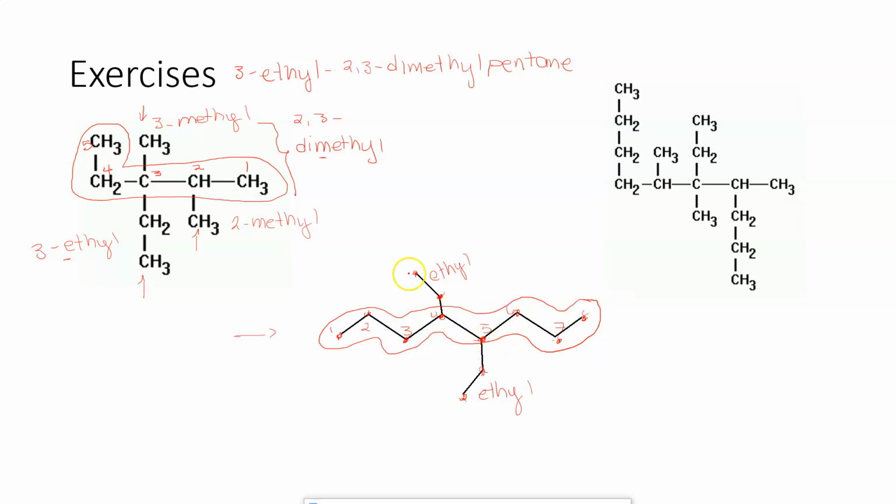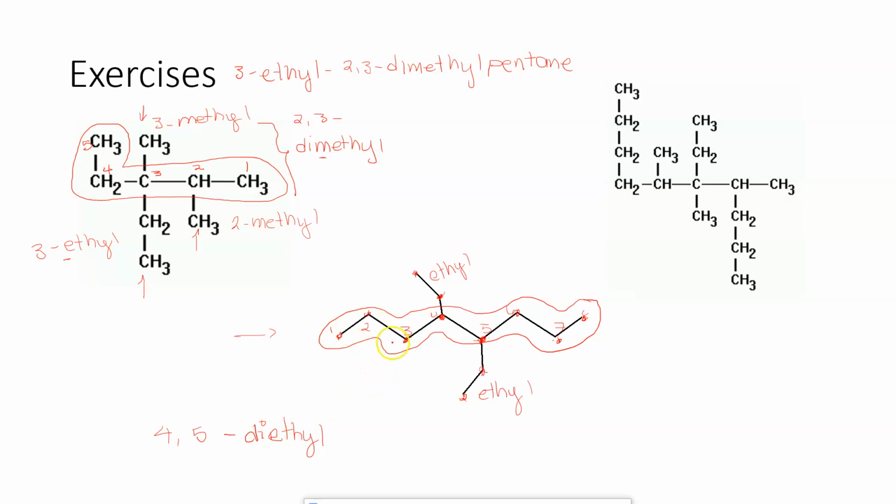Okay? So because I have 2 ethyls, the name is going to contain diethyl, right? And these are the only substituents, so that's the only ones that I'm going to add there. But I have to add the position. One is in carbon 4, the other one is in carbon 5. So this is 4, 5.